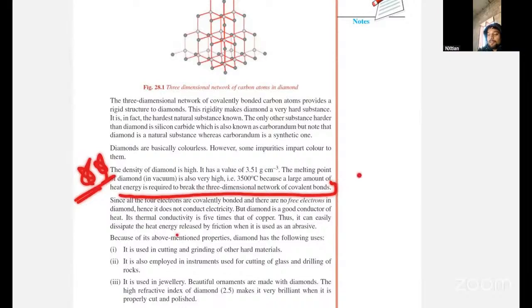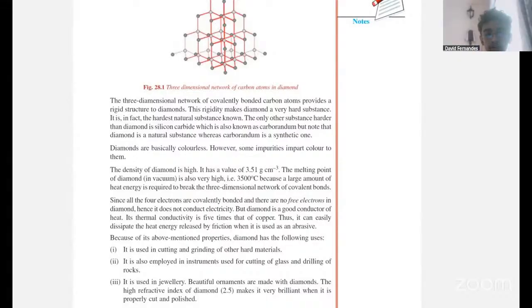They can ask you why the melting and boiling point of a diamond is very high. It is the same reason: the 3D network of covalent bonding gives them a rigid structure. Hence, their melting and boiling points are very high, like the Burj Khalifa.